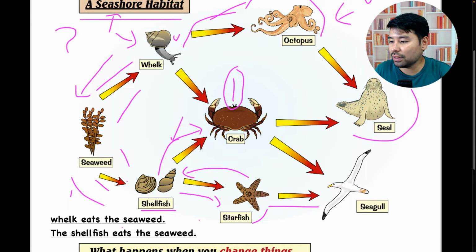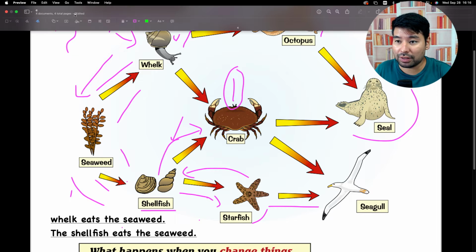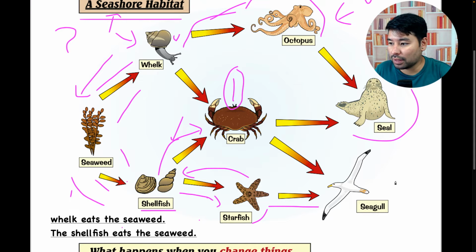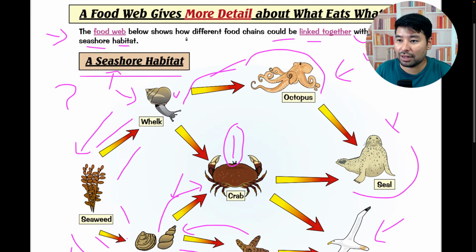As we can see in this table, the stronger animals here are the seagull and the seal because they are not food for any of the other animals. But crab is food for seal, is food for seagull, but eats shellfish and eats whelk.